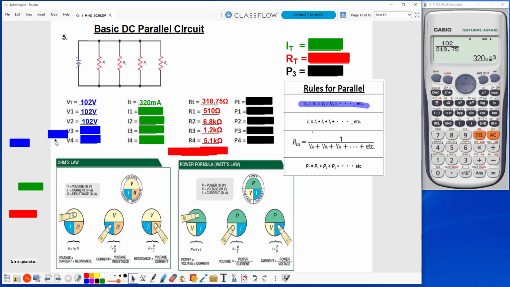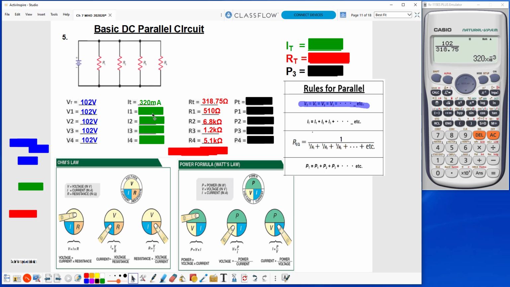I can go ahead and write all my voltage values in here. Alright, after you get that done, we can find each individual current, because current does not stay the same. Current adds up in parallel.